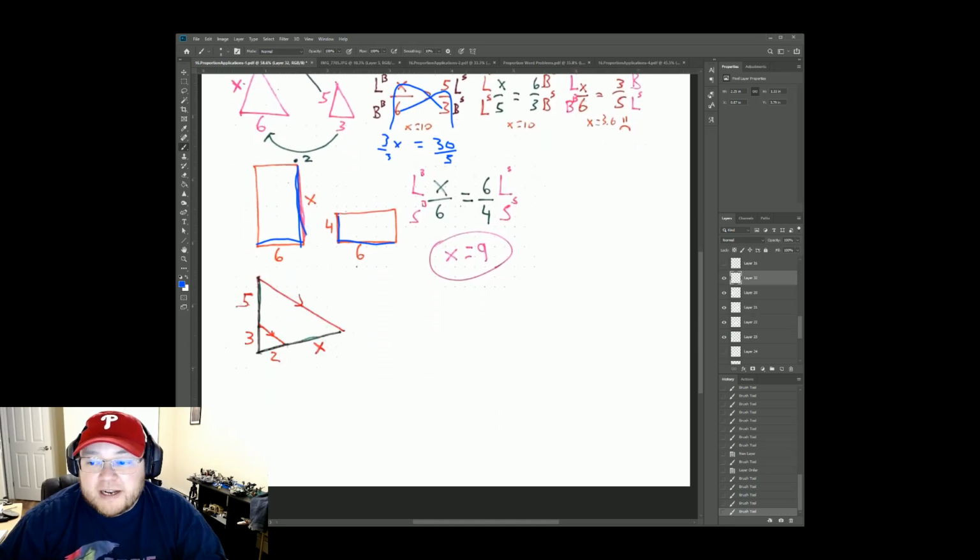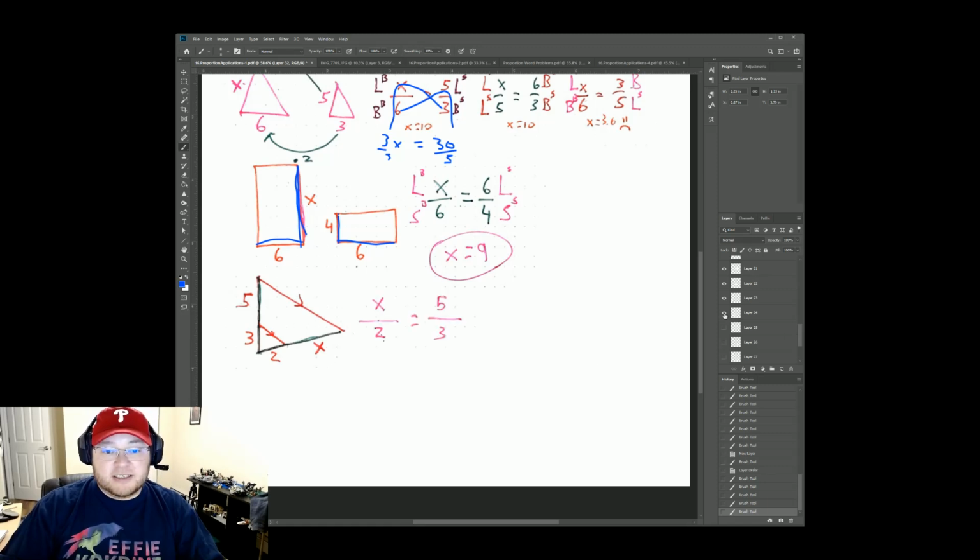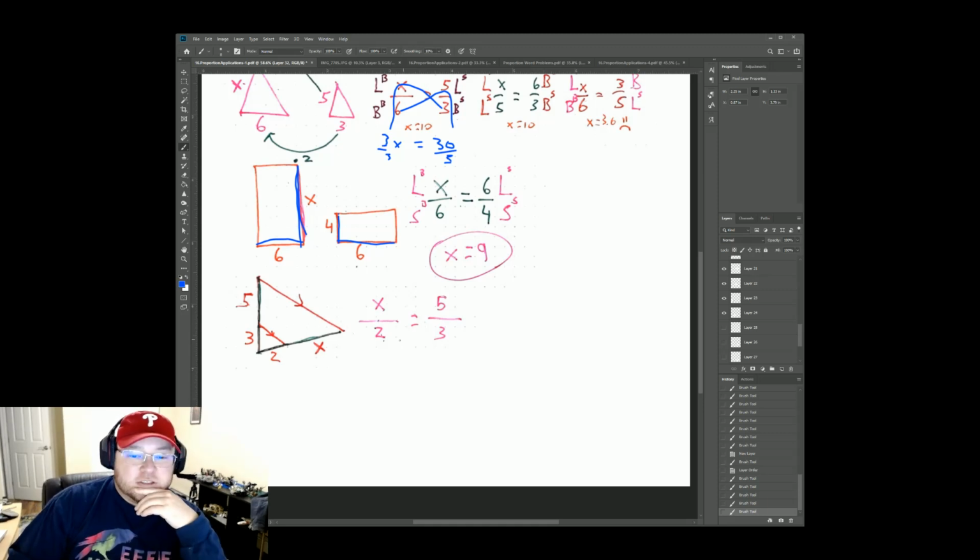Okay, you might have a weird looking triangle that looks like this, but this is just as simple. You're literally just thinking of this as two different triangles, and there's a long way to do this, but just so you know, if these are parallel, which means it has those marks, you can just set this up as an easy set of fractions, proportions. x over 2 equals 5 over 3.